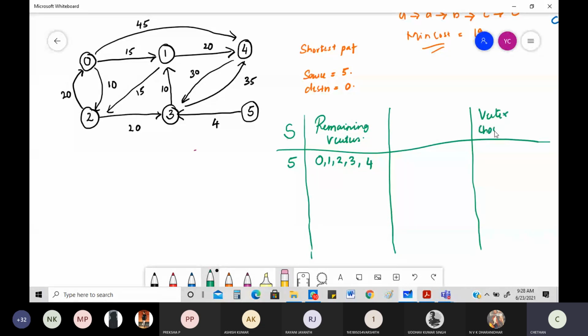And there's one more thing you can write here, very simple: the cost incurred for going to this chosen vertex. So this is the first step. Obviously, nothing will be there in the first row because I have not chosen any vertex yet. The cost will also be nothing, and here also it will be nothing.